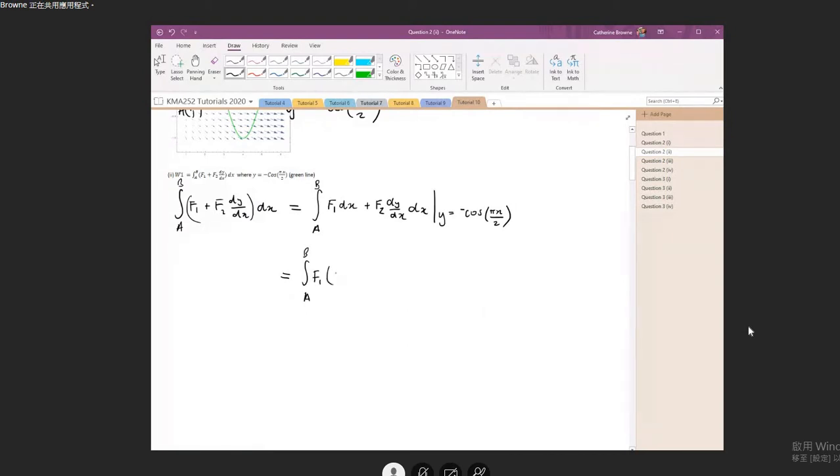So f1 at x, minus cos(pi x on 2), plus f2 at this same value.